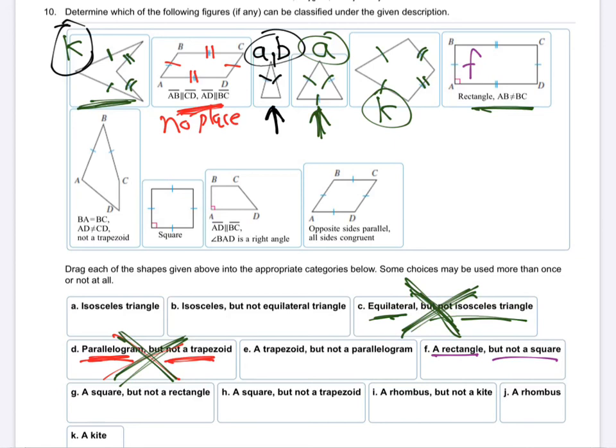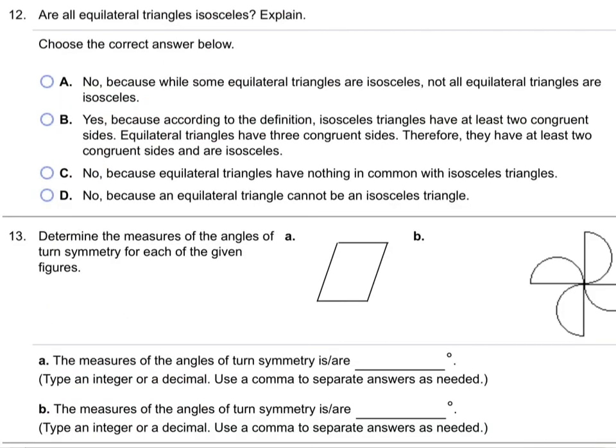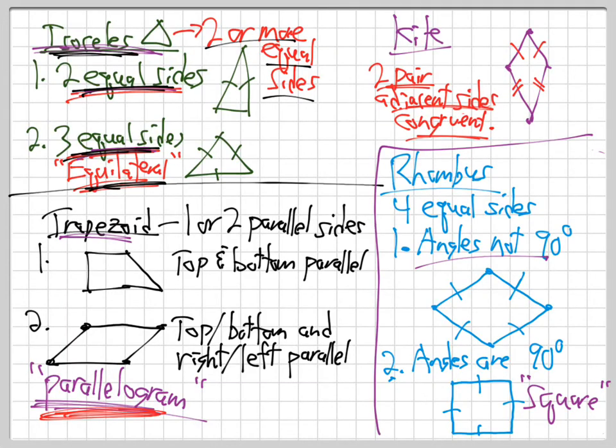But hold on. Other categories. Could it be a square but not a rectangle? Can you be a square but not a rectangle? No, I don't know if I put that definition on there, but it's the same thing as those other ones. Let me add it. Did I put it there? No, I didn't. So a rectangle, case 1 can be like that.